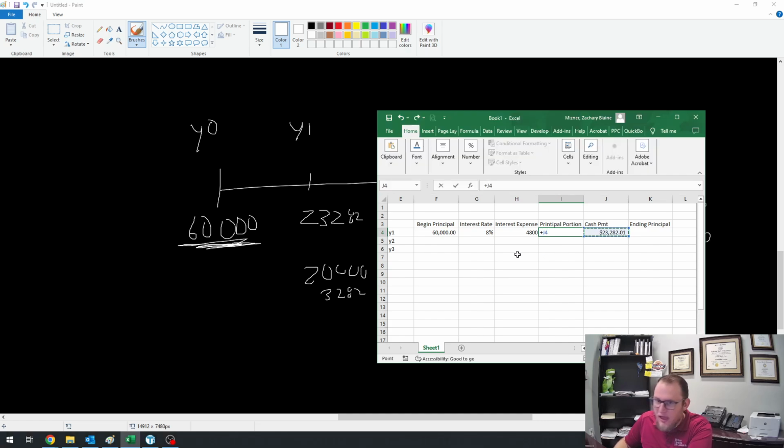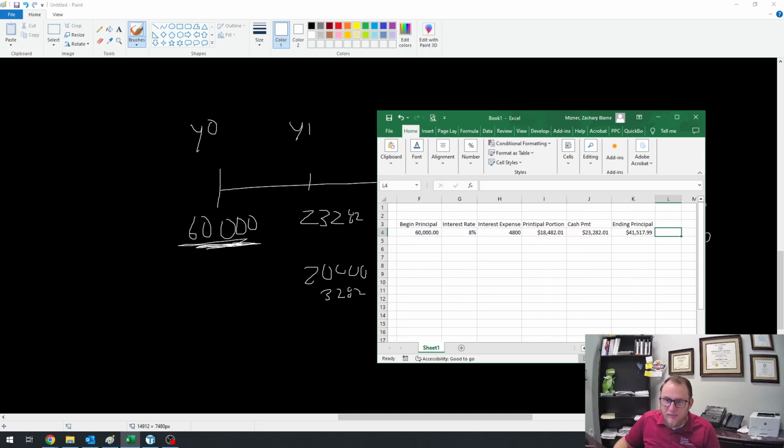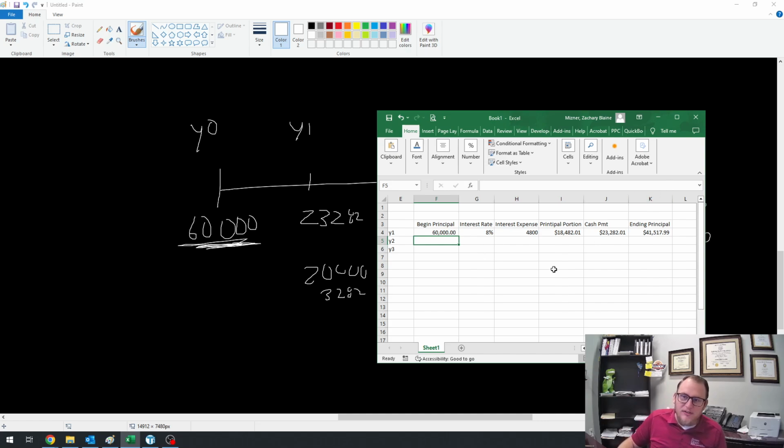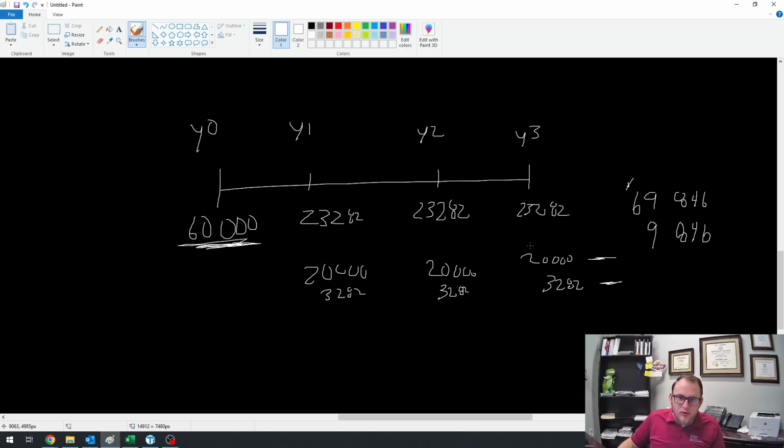So if we take the total cash minus our calculated interest expense, this here is going to be our principal portion of the loan. So our ending principal on this loan is going to be beginning minus our current principal portion there. So you can see here that we have an ending balance on this loan of $41,518. Whereas if we were to record everything evenly, it would be a straight $40,000.